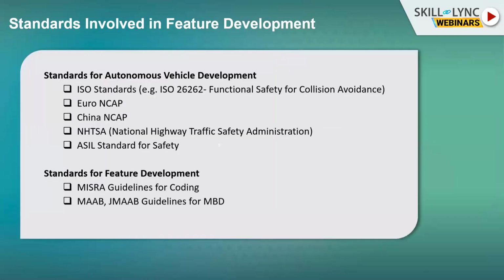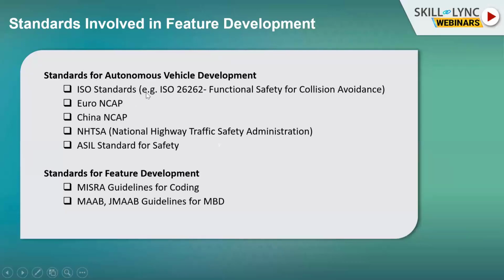These are the standards and protocols defined by international authorities to ensure the safety-critical operation of autonomous vehicles. Different organizations and governments have different standards, like ISO 26262, Euro NCAP, China NCAP, NHTSA.